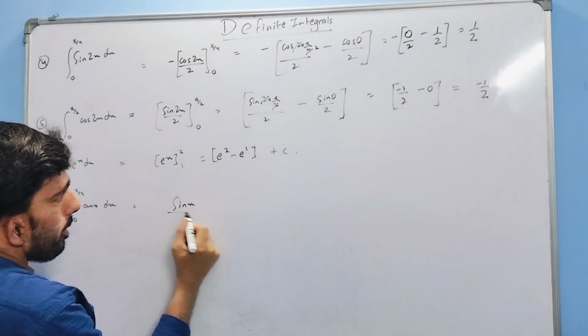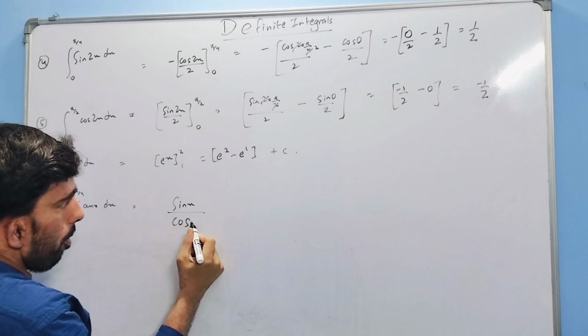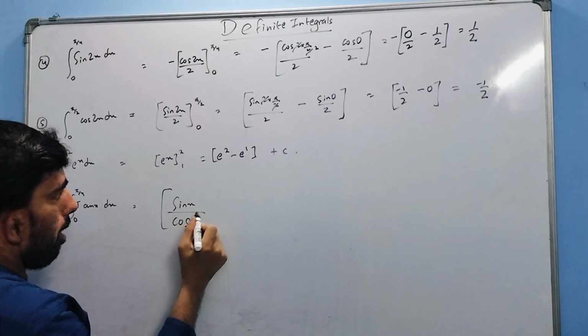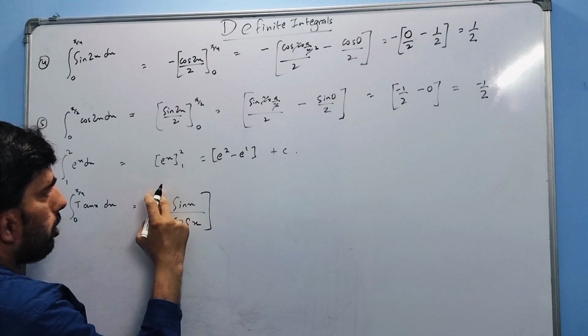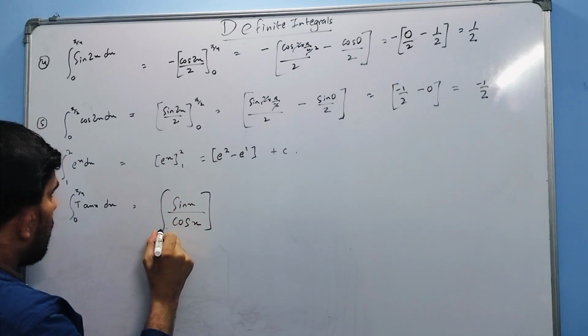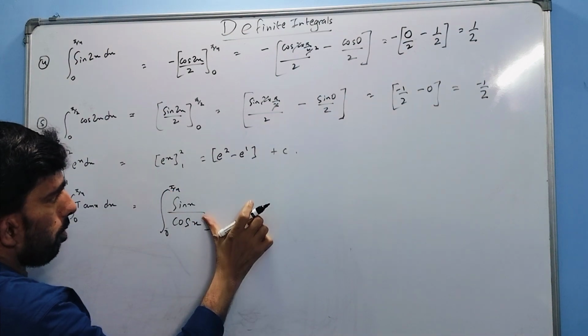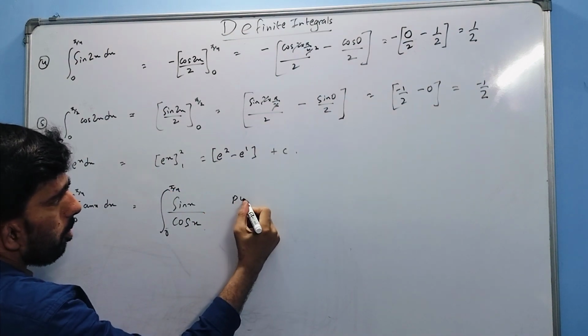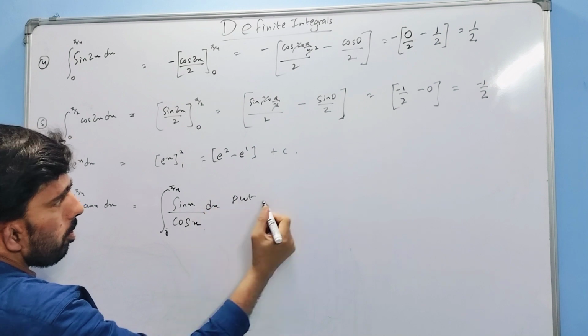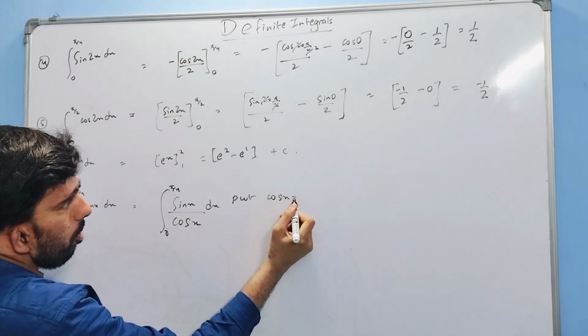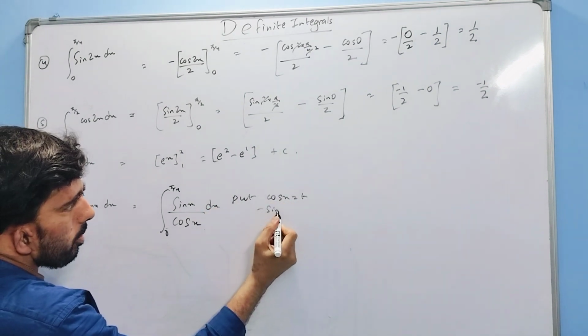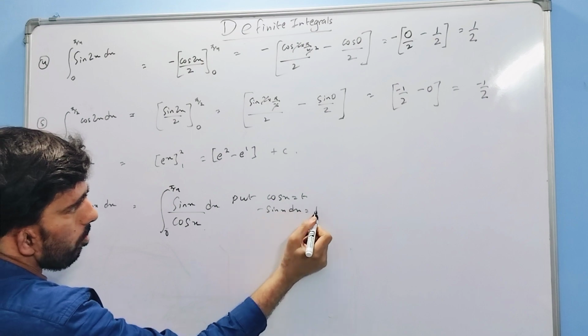We'll put tan x is equal to sin x upon cos x, then we'll have the integral from 0 to pi by 4. What we can do, put cos x is equal to t, so that minus sin x dx is equal to dt.